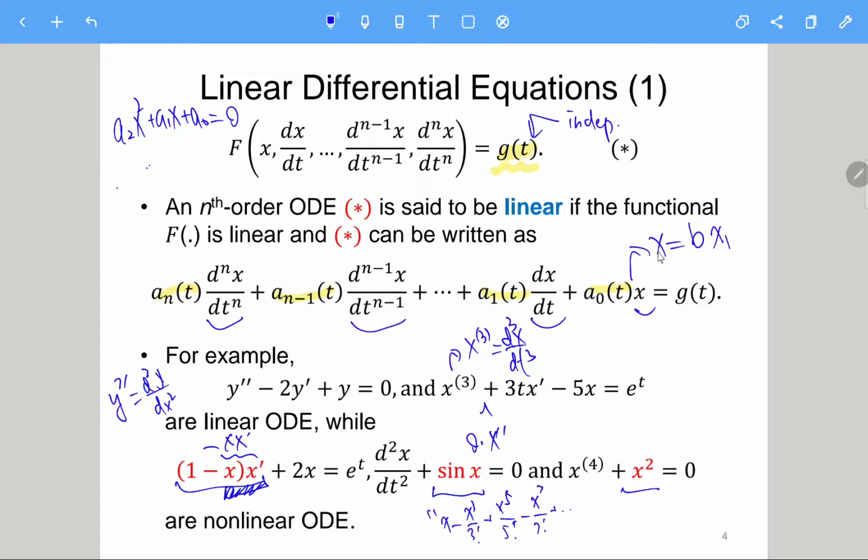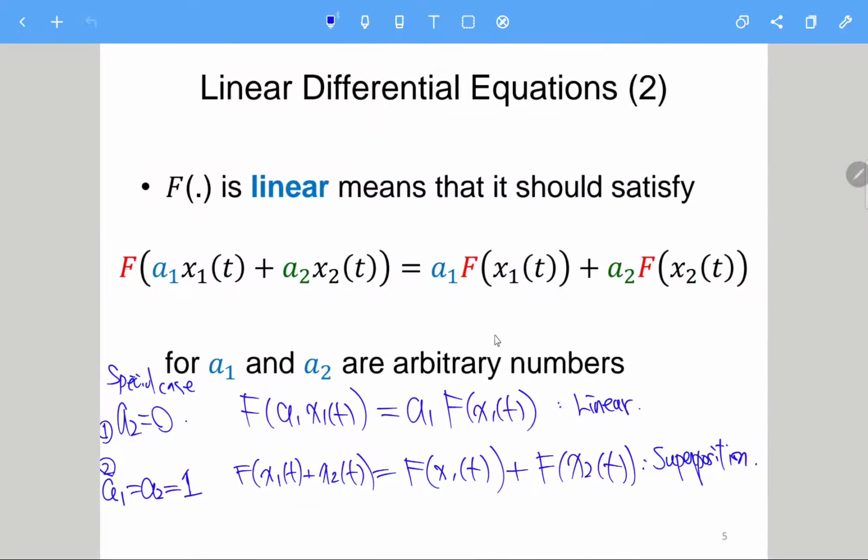You can just put it in there. It is just like a function, and you put in b times x1 to replace all the x there. Then you get the factor of b, which is like this expression.